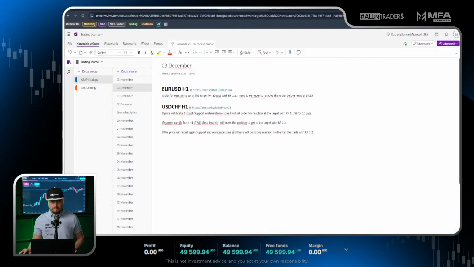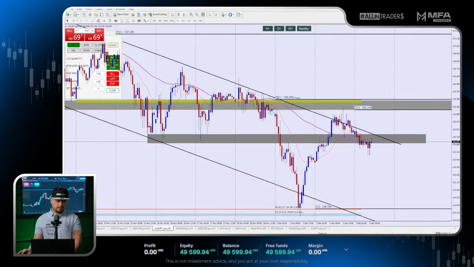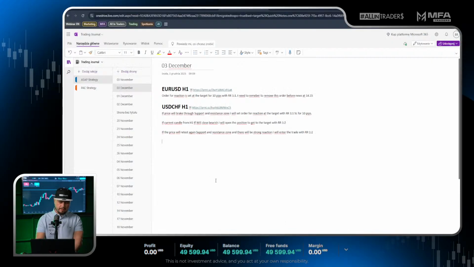Let's jump into the trading journal, and this is USD JPY, 1-hour time frame. Market structure is bearish.